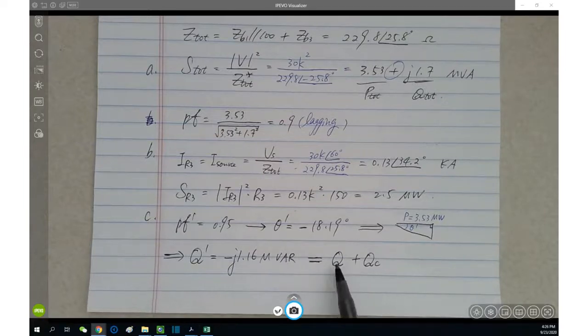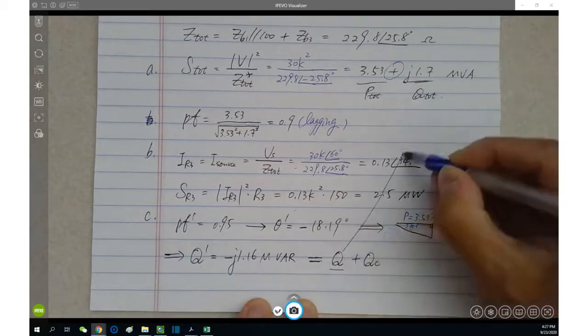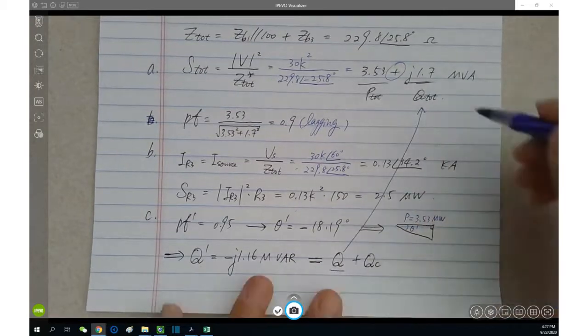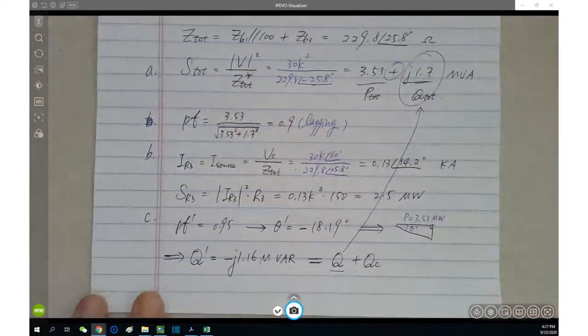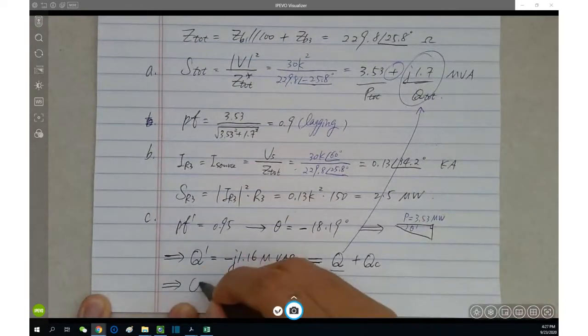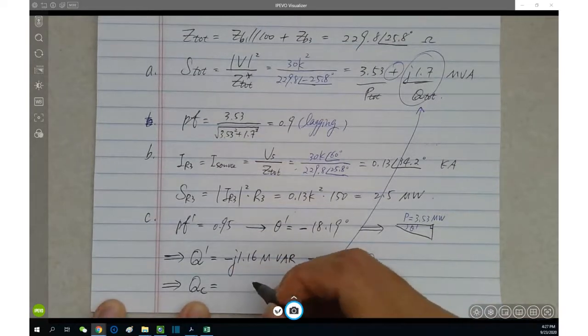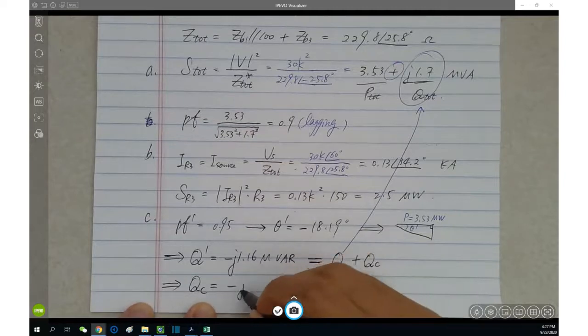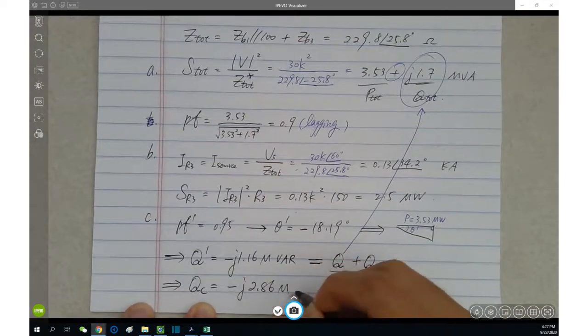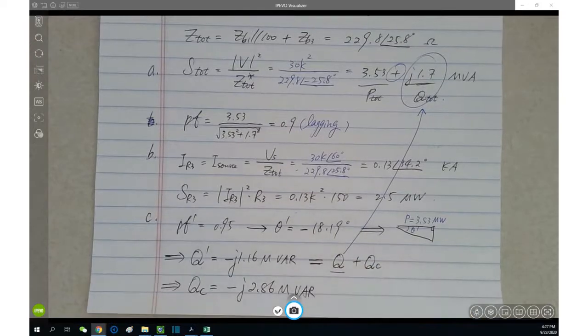So original reactive power plus the added reactive power equals the reactive power for now. From here, you can tell what QC is. This is very simple math. QC equals negative j 2.86 megaVAR. So now you know the added capacitor reactive power.